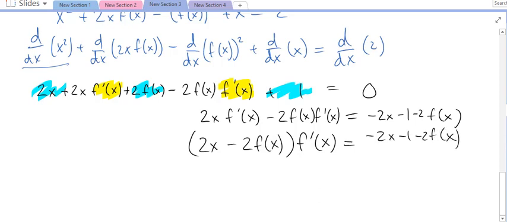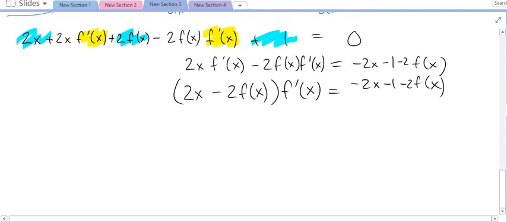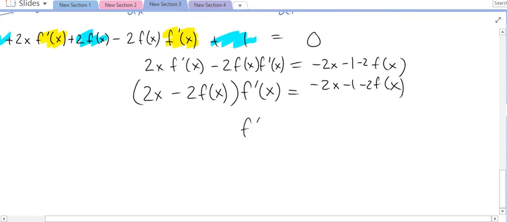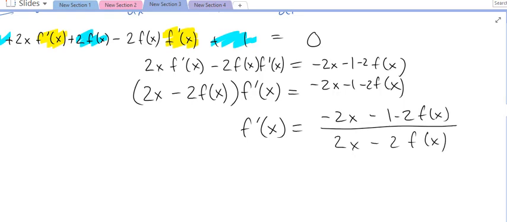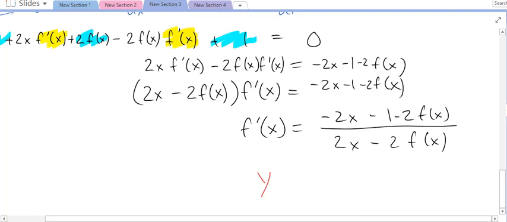And so to finish solving for f prime of x, we just need to divide by that coefficient out front there, that 2x minus 2f of x. And then to finish, we would go ahead and replace the f's with y's again. So we'd have y prime is equal to negative 2x minus 1 minus 2y over 2x minus 2y.